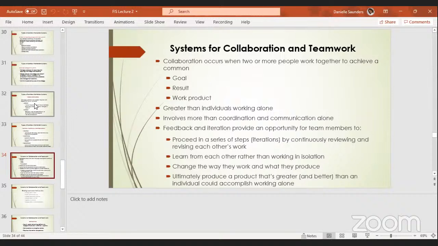Some of the reasons are that you can get feedback from people, learn from each other, change the way that you work, get better results, and essentially get much better. Next slide.